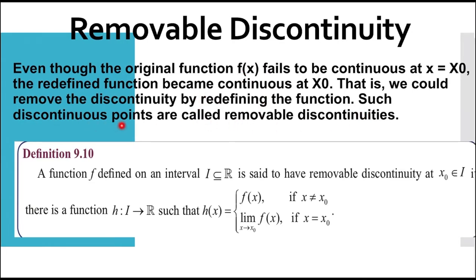Such discontinuous points are called removable discontinuities. So, we can remove those discontinuities, and those points are called removable discontinuous.